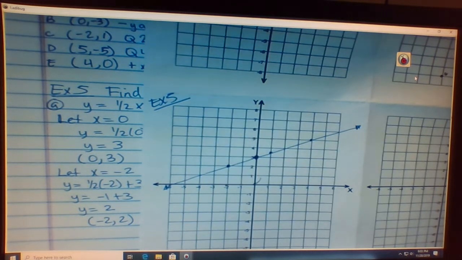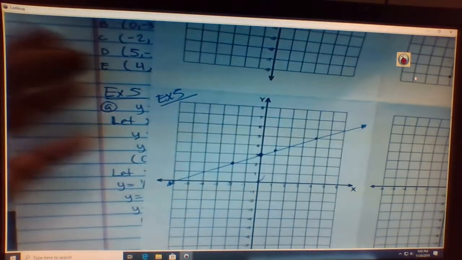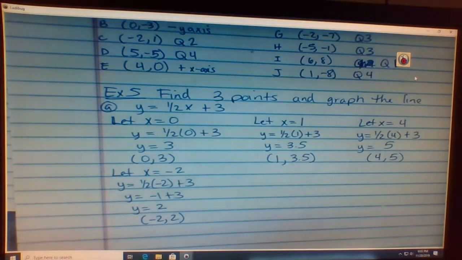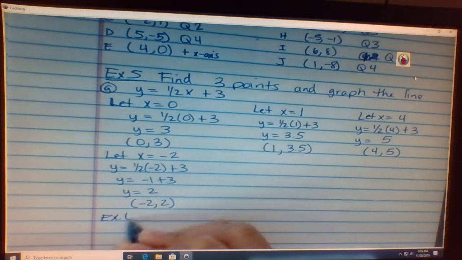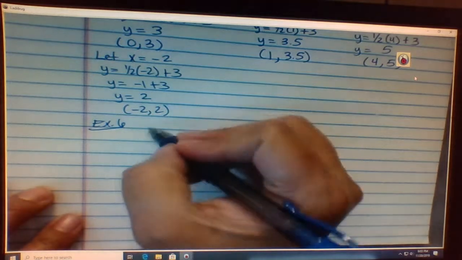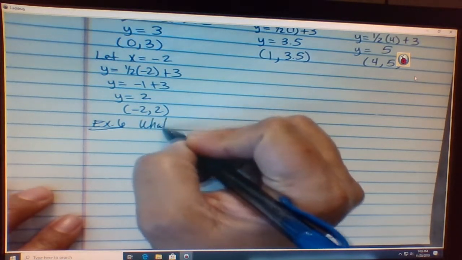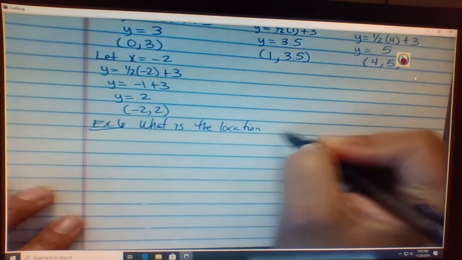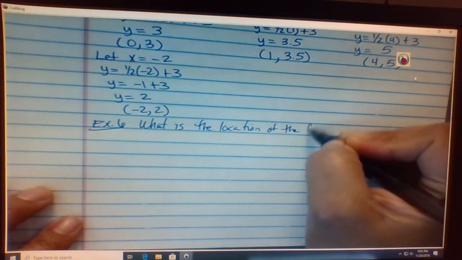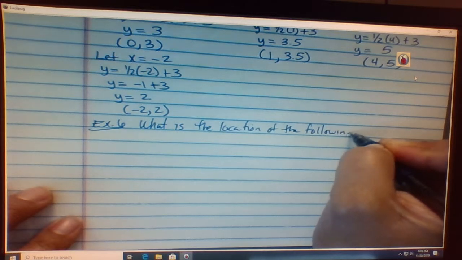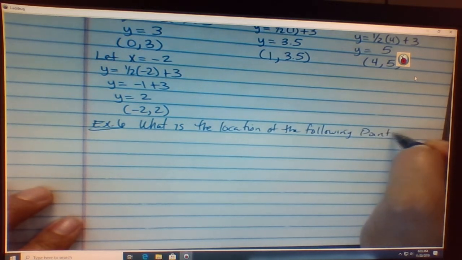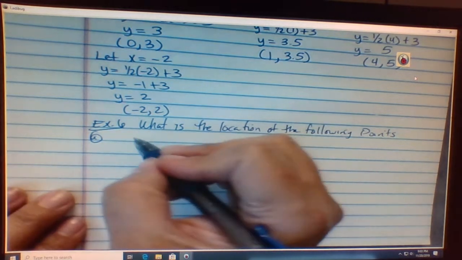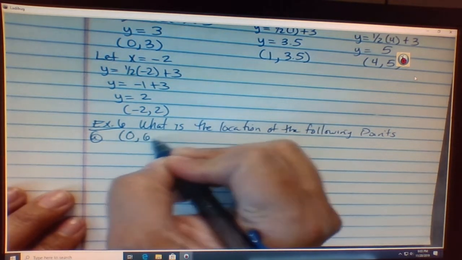The last example is something we've already done on the graph, but if you did not have a graph, could you? Example number 6. What is the location of the following points? 0, 6.